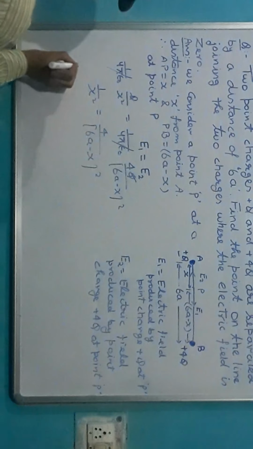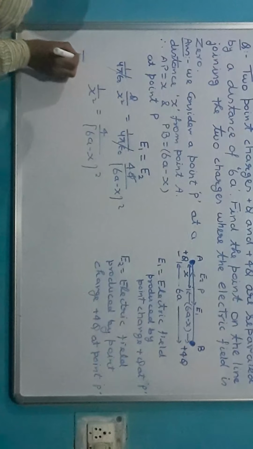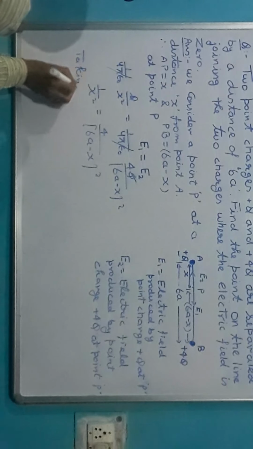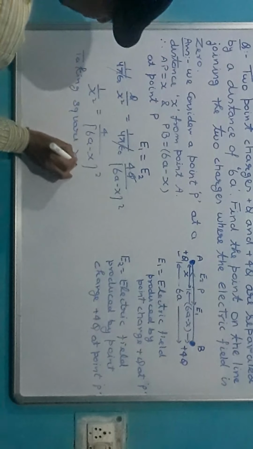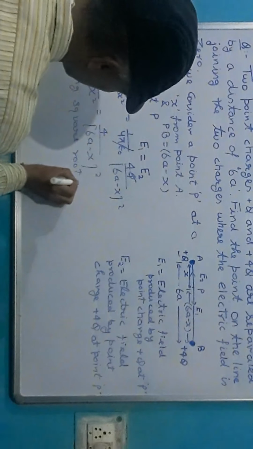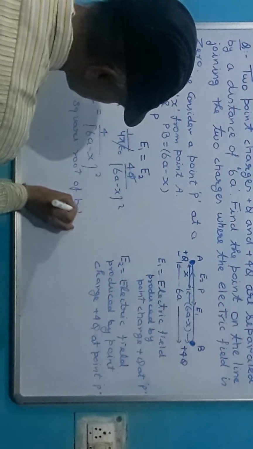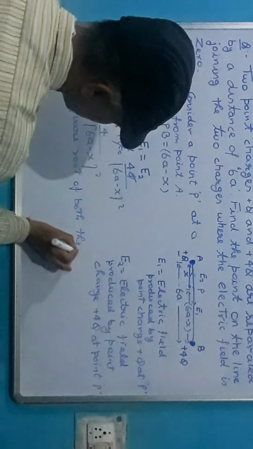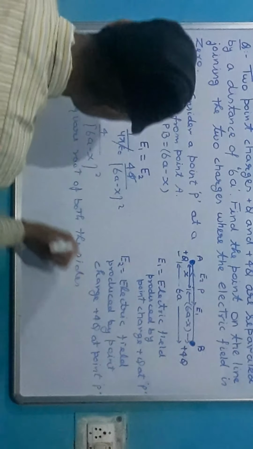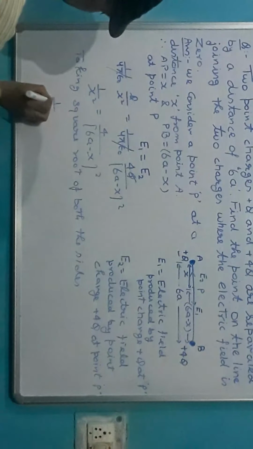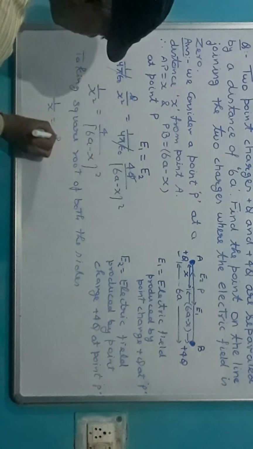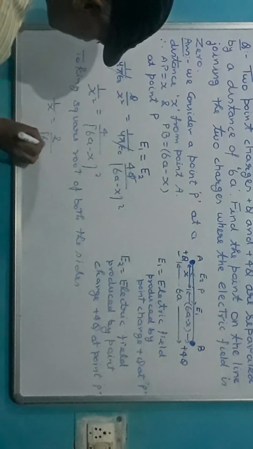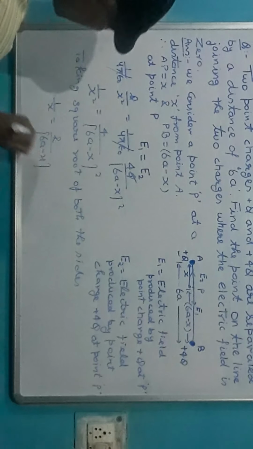Now taking square root of both the sides, I get 1 upon x is equal to the square root of 4, which is 2, upon 6a minus x.